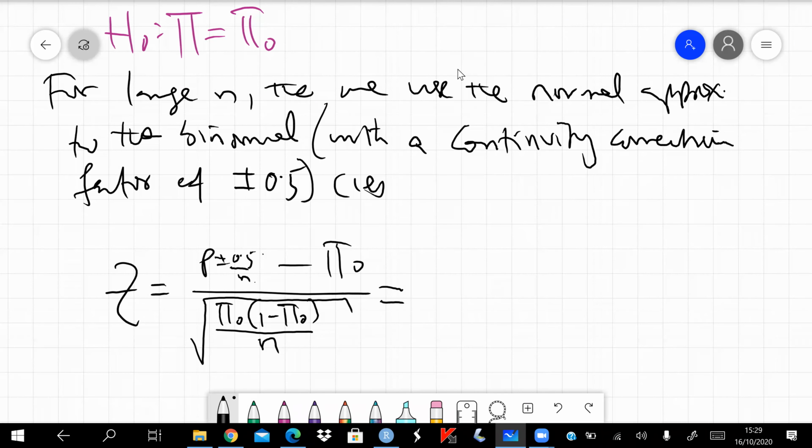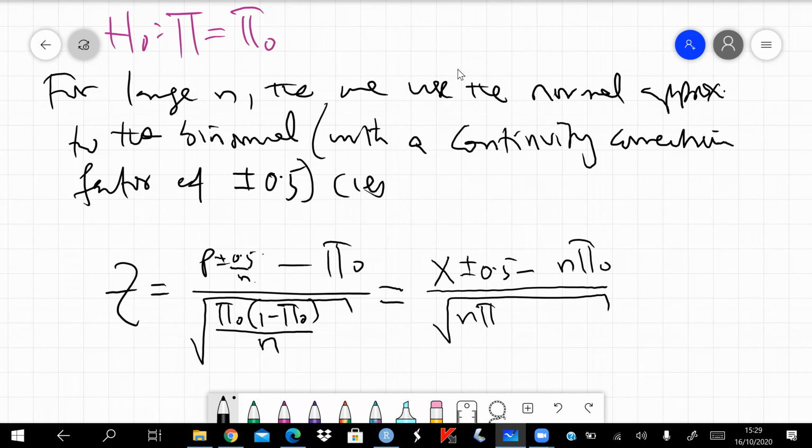This formula is exactly equal to, if you use the number of successes x, and here you either say plus or minus 0.5, then here you have n multiplied by pi naught divided by square root of n, then you have pi naught, then 1 minus pi naught. So like that. So please notice how you add the correction factor when we're using p.